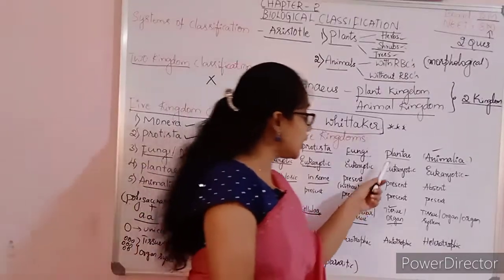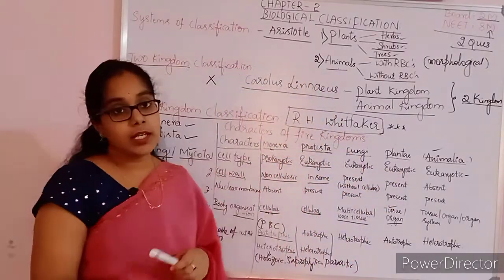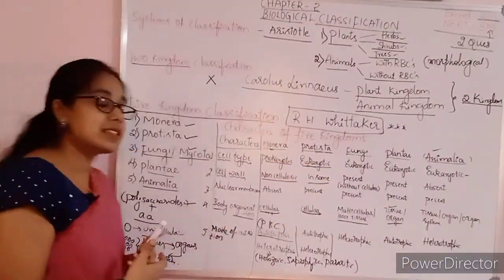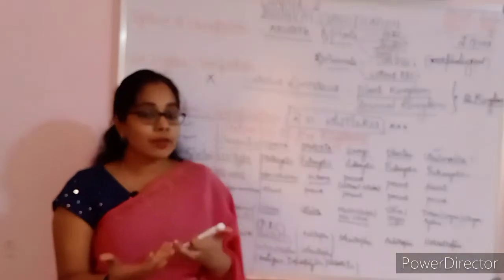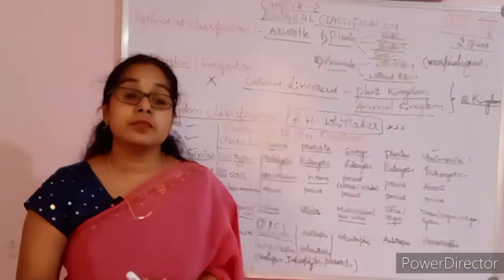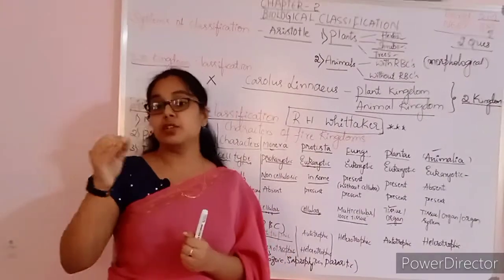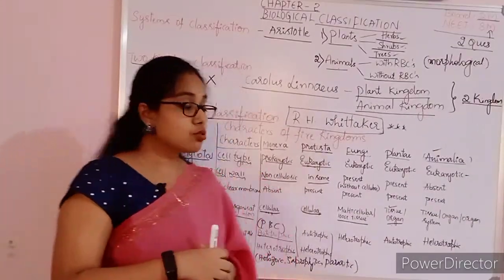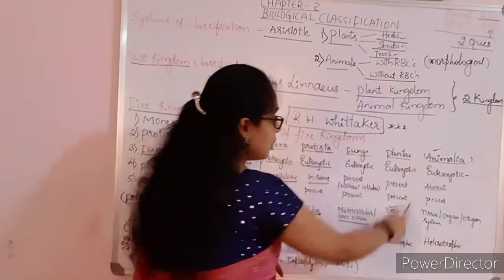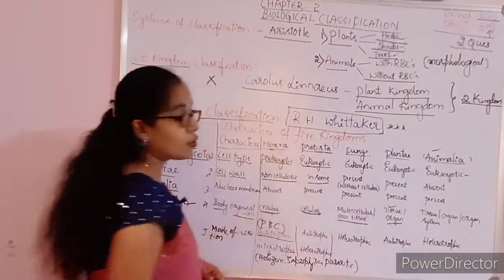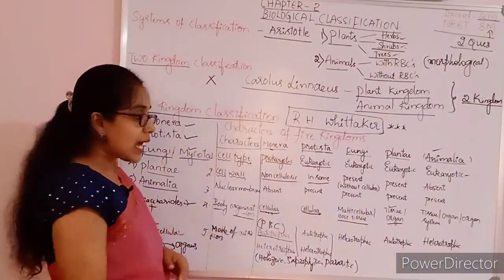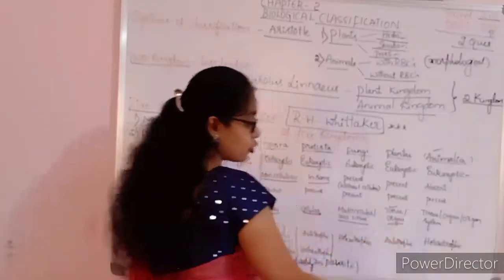Next, coming to kingdom Plantae. You know, plants synthesize their own food because they have chlorophyll pigment in them, with the capability of converting light energy into chemical energy. So all of them are autotrophic. All the organisms coming under Plantae are autotrophic.